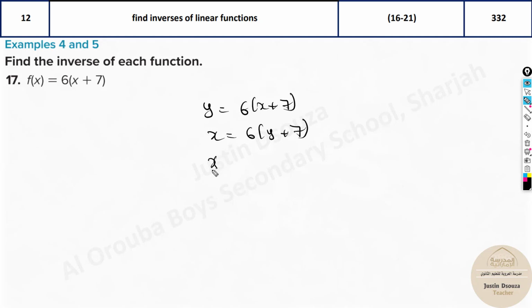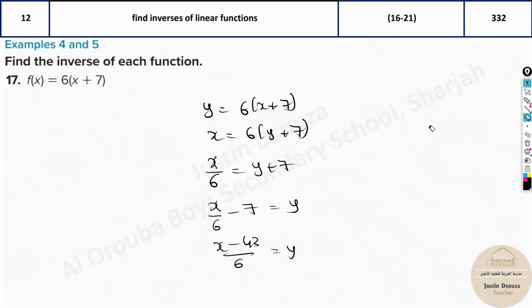Because if I take the 6 down over here, x over 6 equals y plus 7. Now when 7 goes to the other side, it'll be minus 7 equals y. Now you have to take the LCM, which means you multiply the right side by 6 and divide by 6, which will be x minus 7 times 6, which is 42, by 6 equals y, that is f inverse.